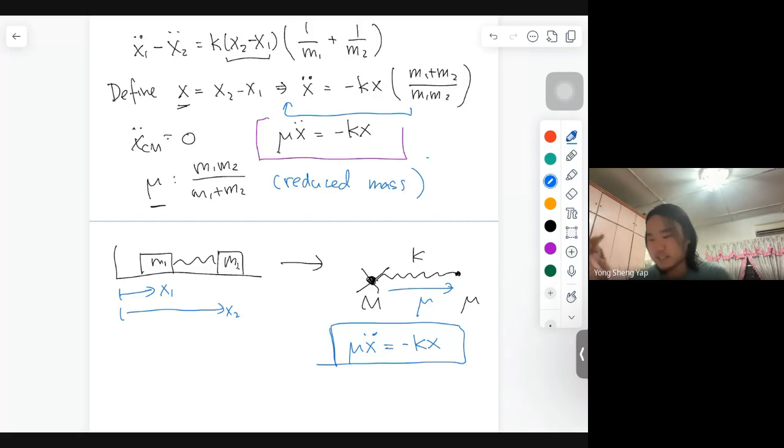There's some mass over here that's not really M1 nor M2, but a combination of both using this formula. And this is just undergoing the same force as the initial system, and it does whatever it does.